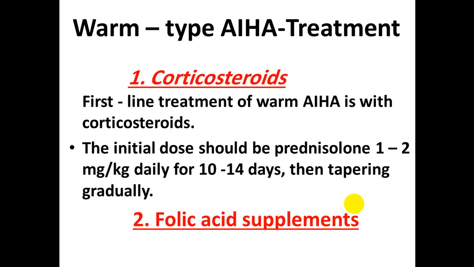How can we treat a patient with warm type autoimmune hemolytic anemia? Corticosteroids are the first line treatment. The initial dose should be prednisolone 1 to 2 mg per kg daily for 10-14 days, then tapering gradually.